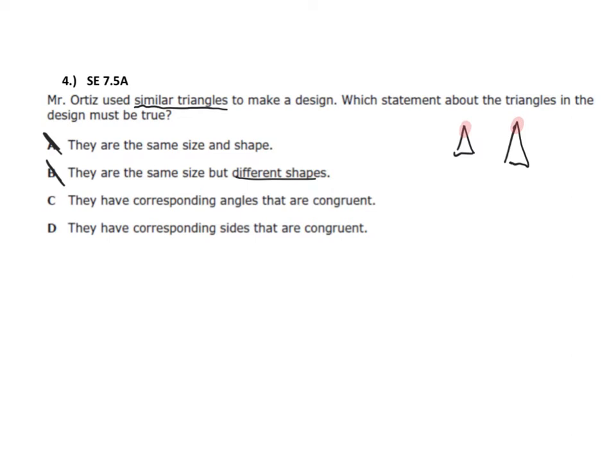Then D says they have corresponding sides that are congruent. So that would be like this side being red and this side being red, but they're not the same size. So D would be wrong. C always has to be true because the angles never change. So C is going to be your best answer.